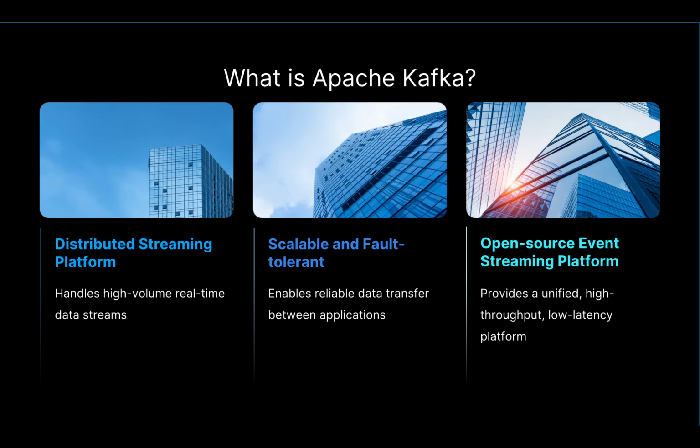Kafka is a distributed event streaming platform, and it's designed for high throughput, fault tolerance, and real-time data processing. It is widely used for event-driven applications, logging, real-time analytics, and so on.